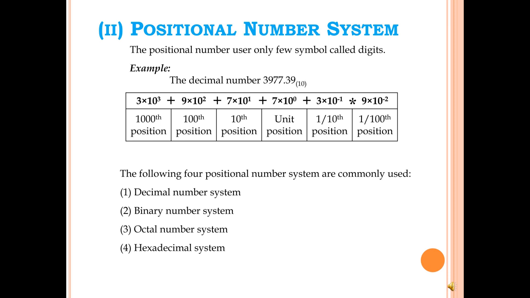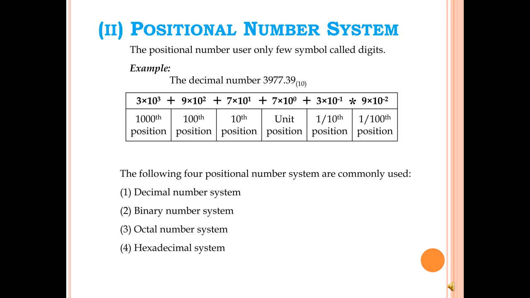That particular number is divided as 3 multiplied by 10 to the power 3, plus 9 multiplied by 10 to the power 2, plus 7 multiplied by 10 to the power 1, plus 7 multiplied by 10 to the power 0, plus 3 multiplied by 10 to the power minus 1, plus 9 multiplied by 10 to the power minus 2.